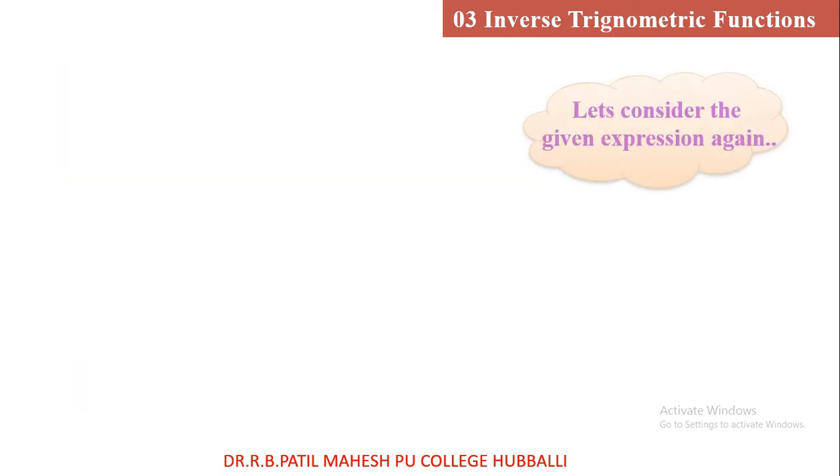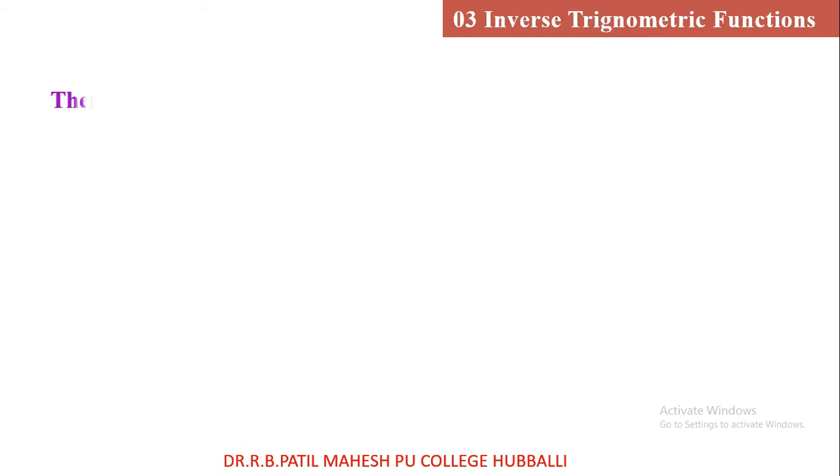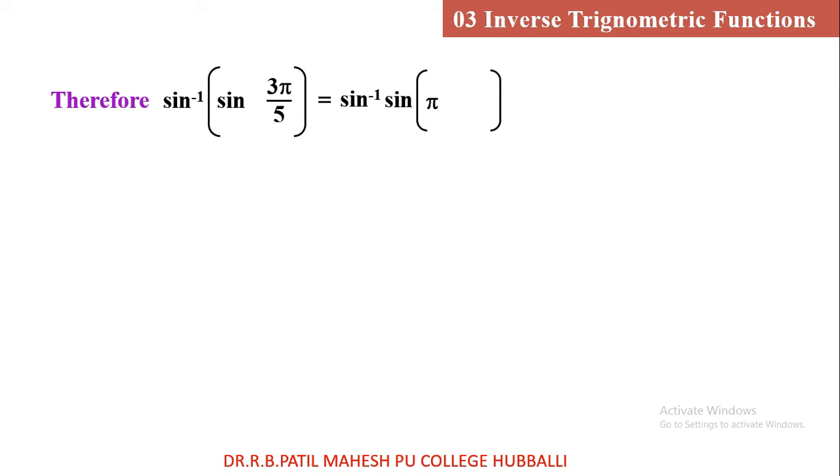So, I should simplify. Let us consider the given expression again: sine inverse of sine 3 pi by 5. Let me write 3 pi by 5 as pi minus 2 pi by 5. Now, I can simplify because you know that sine 180 minus theta is sine theta.